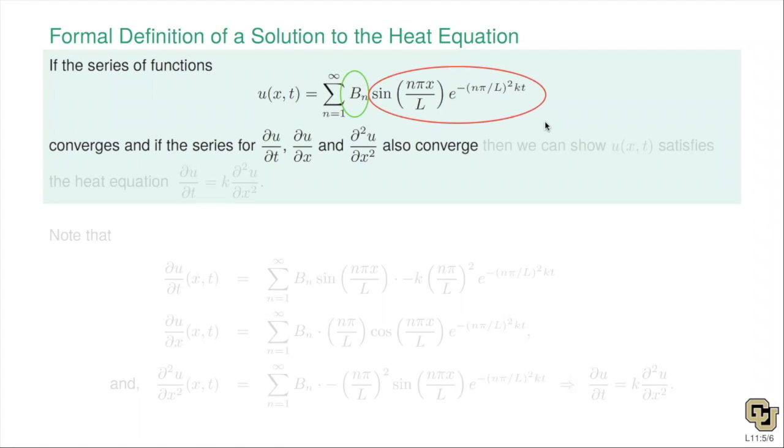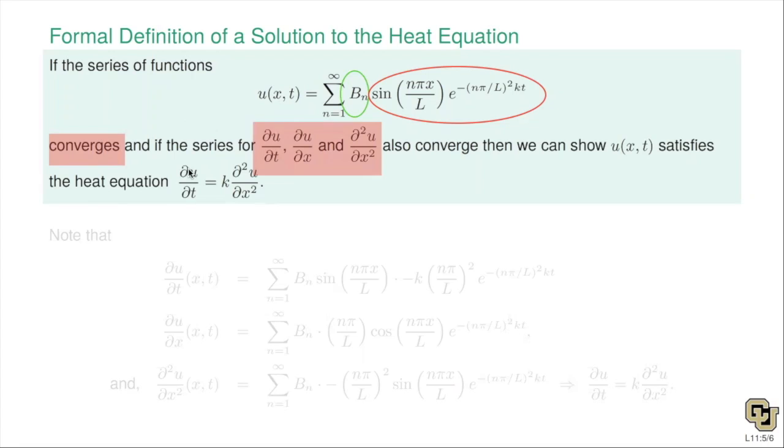We want to show it in general, because when you did separation of variables, this was the product solution where we didn't know what B sub n was. So this part should at least satisfy the PDE, because mathematically that's what it was created to do. So when we say that it's a solution, we want that number one, we have convergence and the series for these partials also converge, and we want it to satisfy the heat equation.